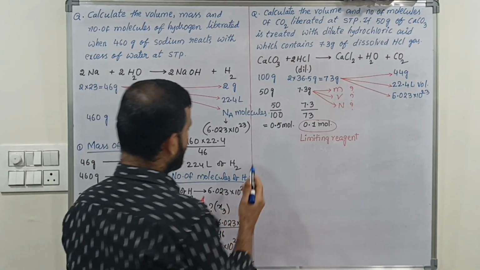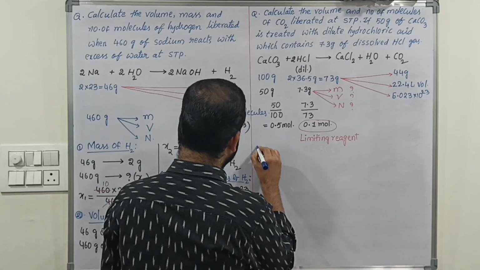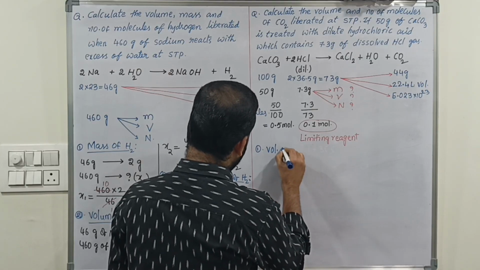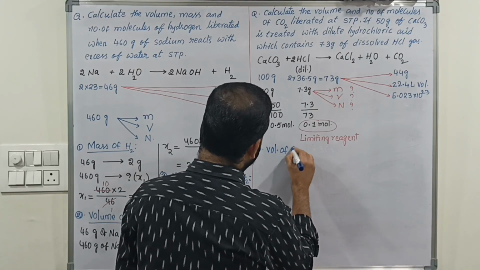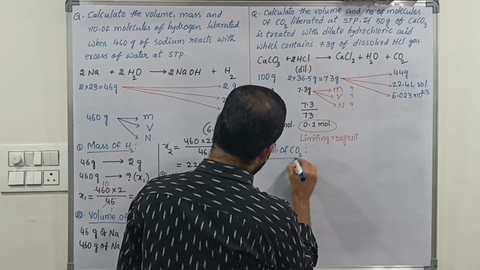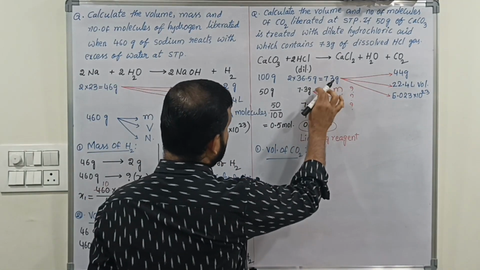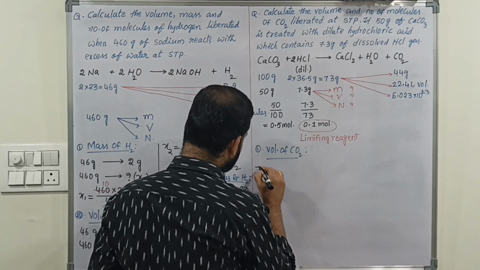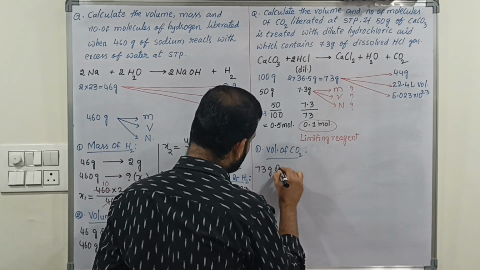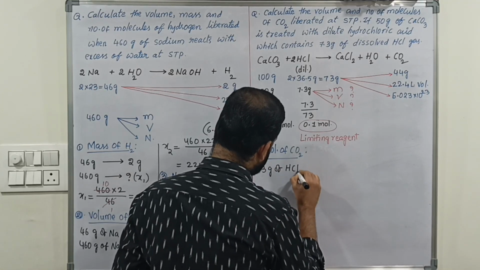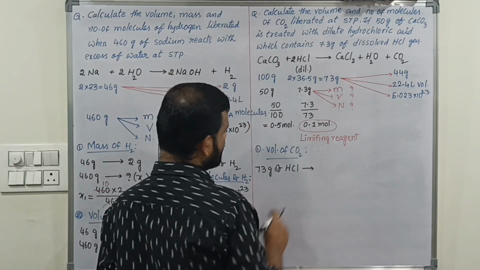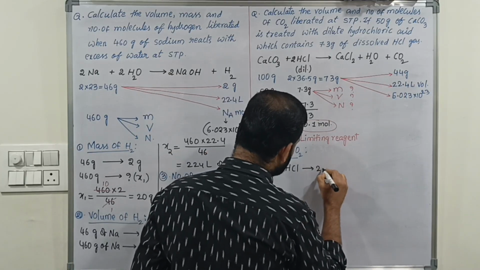First one is volume of CO2 gas. As per this, 73 grams of HCl gives 22.4 liters of CO2 gas.